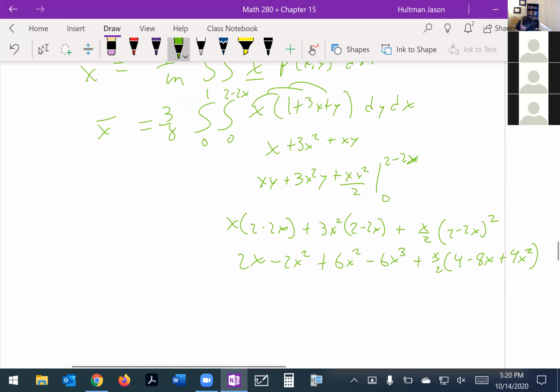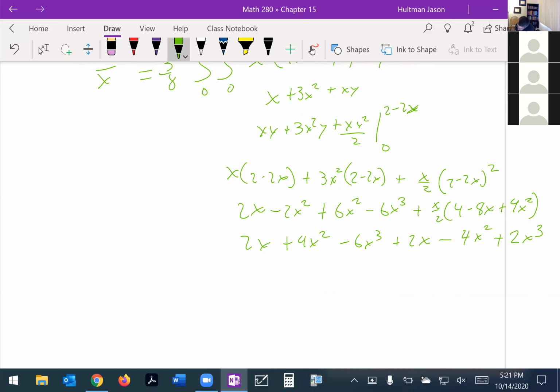Let's combine this: 2x minus 2x squared, plus 4x squared minus 6x cubed, plus 2x minus 4x squared plus 2x cubed.